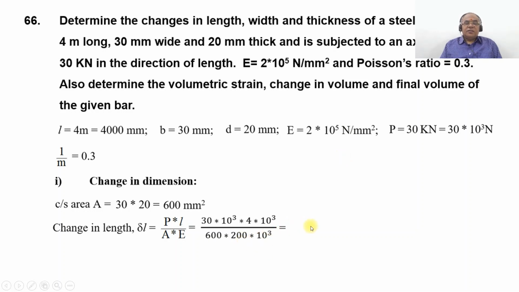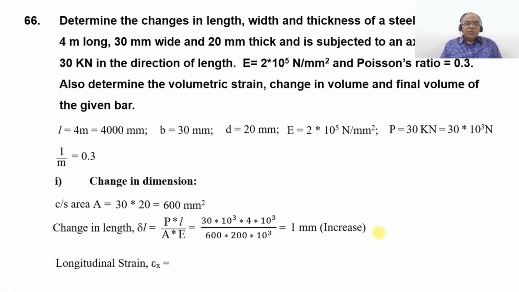So on simplification, once you calculate these values, you will get the value as 1 mm. Since the load is applied along the direction of length, naturally it should be tensile. So since it is a tensile force, naturally there will be increase in length. So that is the reason why he says it is increase in length.